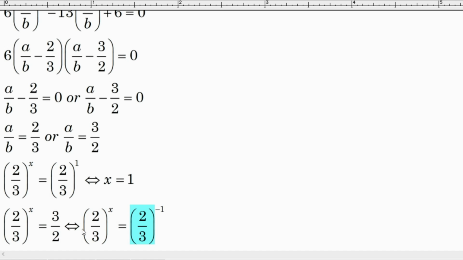So then we can cancel the base, and we got x equal to minus 1. Now we got another root for this equation.